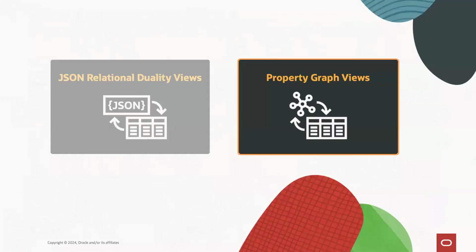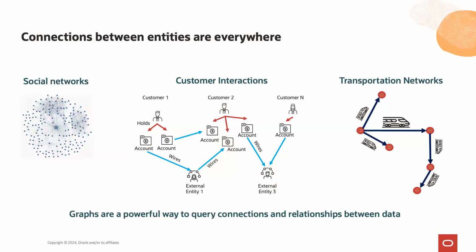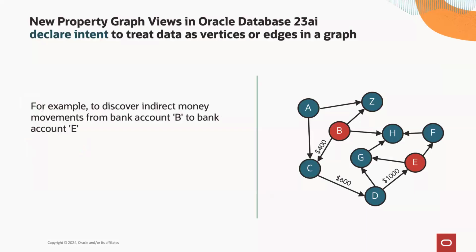Okay, so the next one is the property graph view. Graph is one of the more popular models if you talk about social networks, customer interaction, transport models, or banking fraudulent transaction systems. In a lot of those use cases, graphs are a powerful way to connect your connections and relationships between the data.